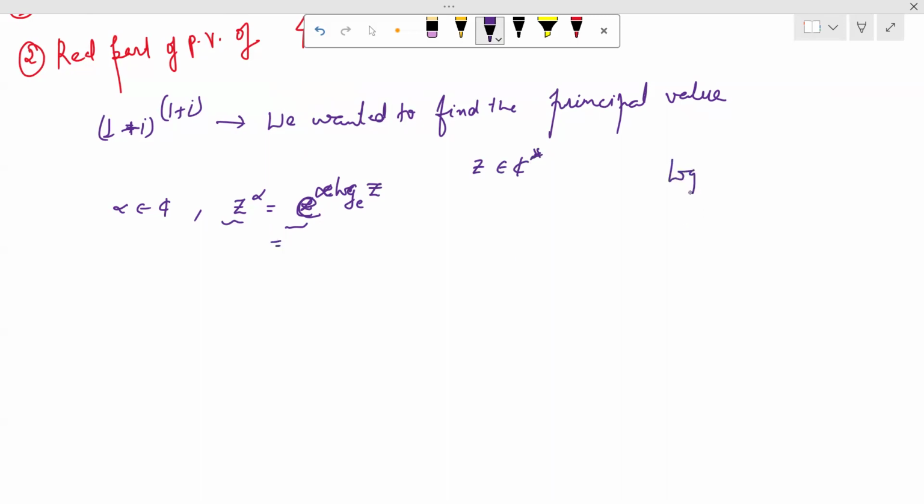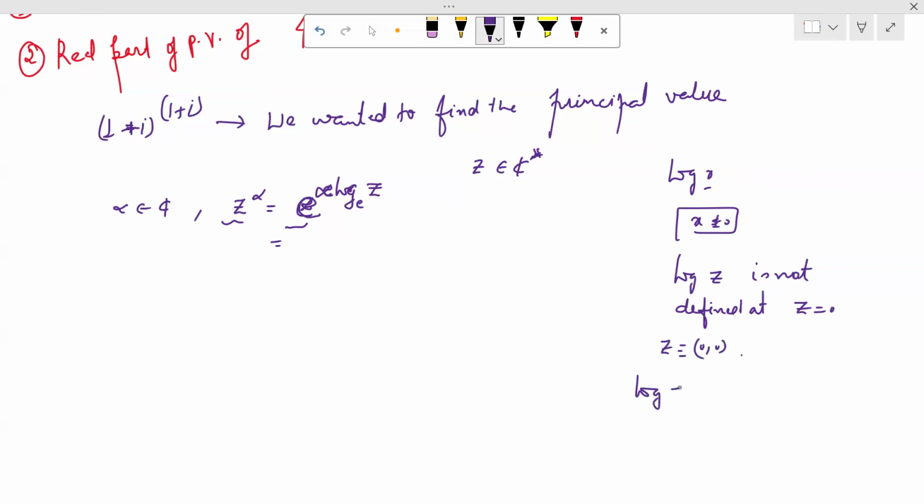Always remember, it's not only that log x is not defined at x equal to 0. Even log z is not defined at the origin, that is z equal to 0, which means the ordered pair (0, 0).